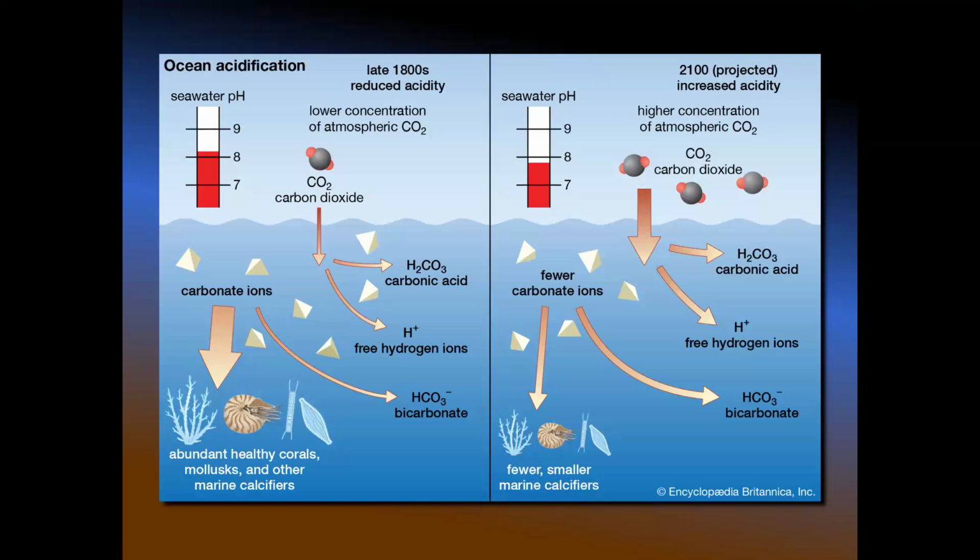And so here you have diagrams showing late 1800s relatively low concentrations of atmospheric carbon dioxide and relatively low acidity versus over on the right, projected impacts of increased concentrations of carbon dioxide, higher concentrations in the oceans, and how it's going to impact corals, it's going to impact other marine organisms, prevent them from developing their shells, and so on.